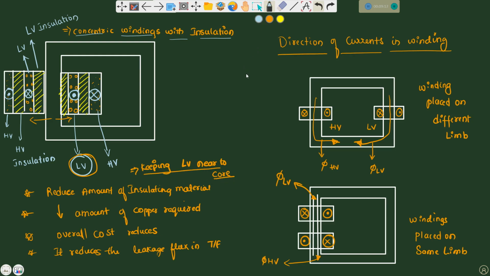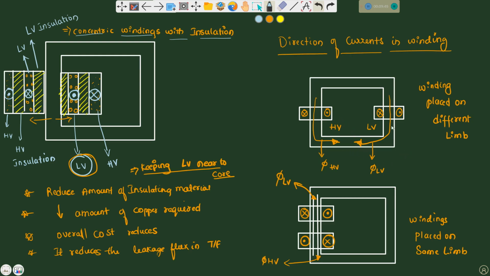Now if you talk about the direction of current in windings, you can see in this diagram, if the windings are placed on separate limbs without interleaving, that means half of the HV is placed in the same limb where LV is also placed, that is not the case here. So without interleaving, they must carry currents in the same direction to satisfy the transformer action.